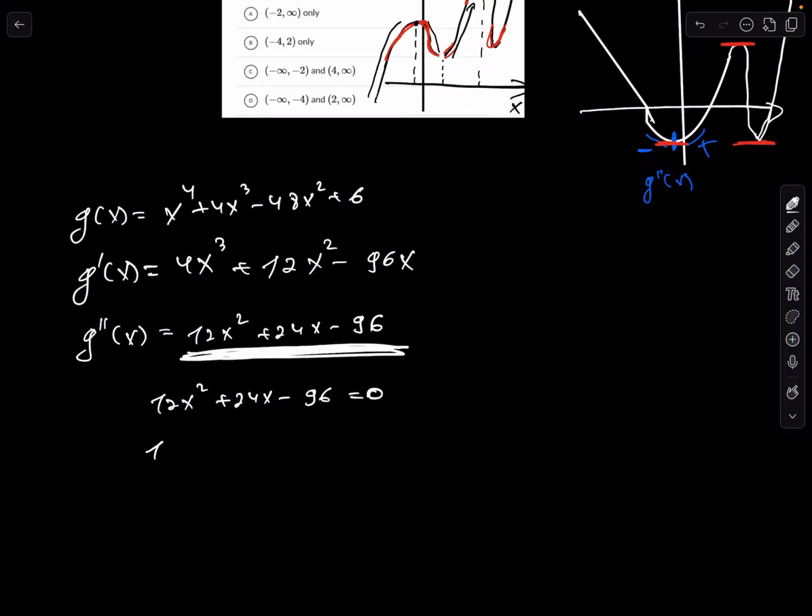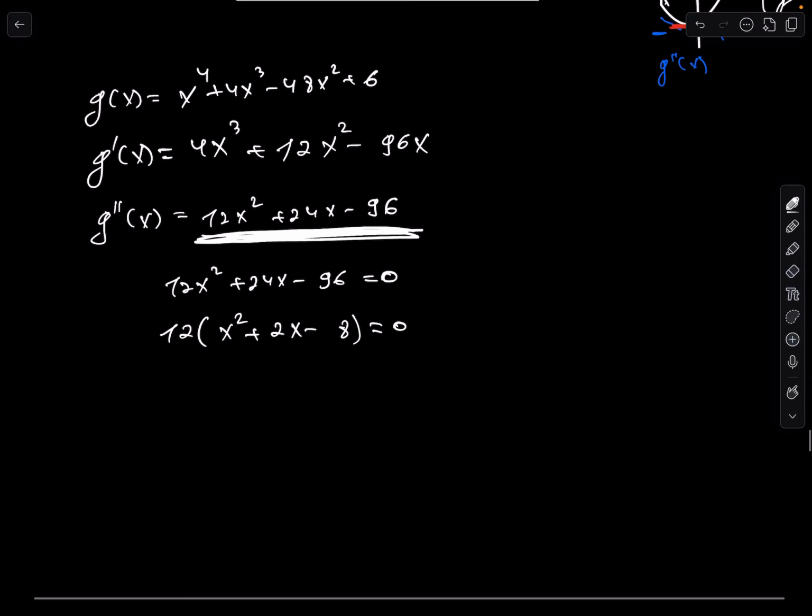Then we can factor out 12. This is going to be x squared plus 2x minus 8. Then, since 12 doesn't really play any kind of role here, let's just eliminate it.